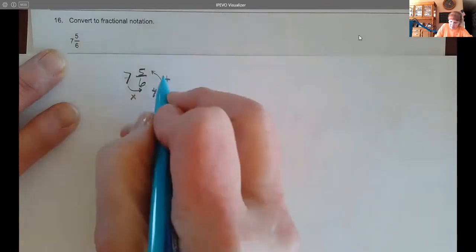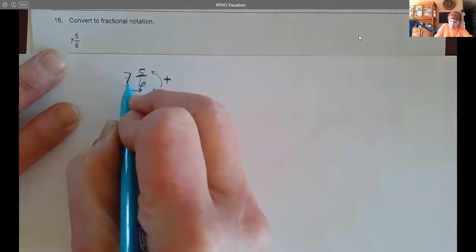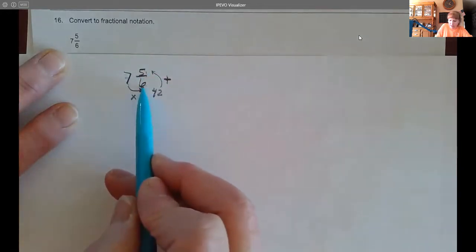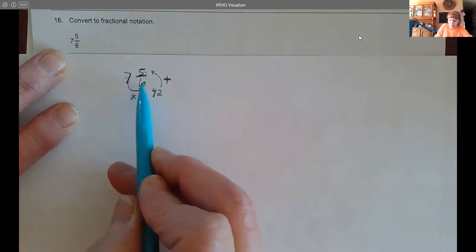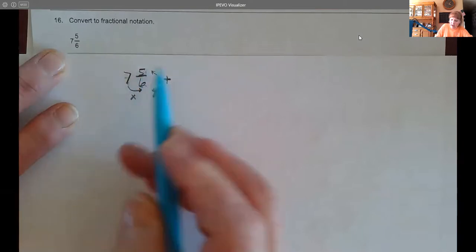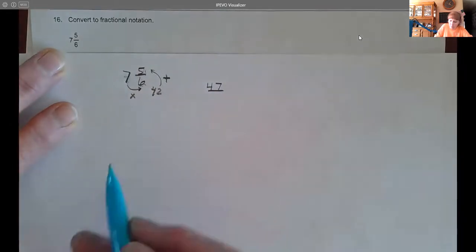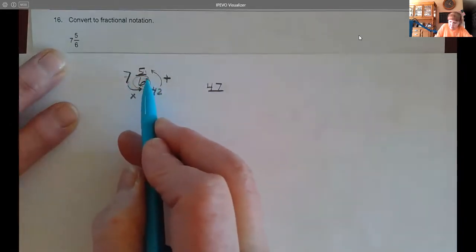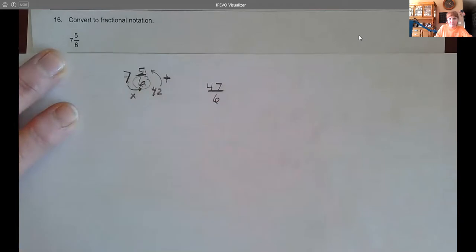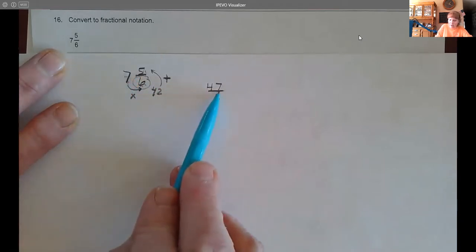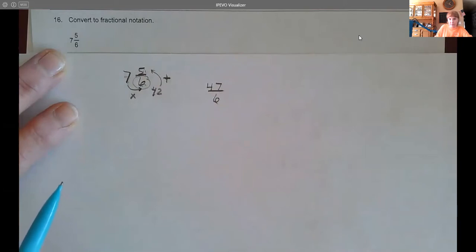So you always multiply, always add. So 42 plus 5 is 47, and it always goes under the same denominator. So this mixed number and this fraction represent the same amount. So that's what we're going to be doing here for the next few problems.